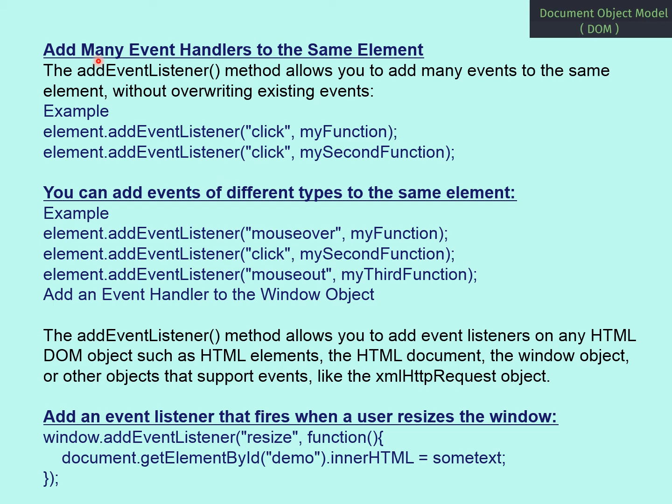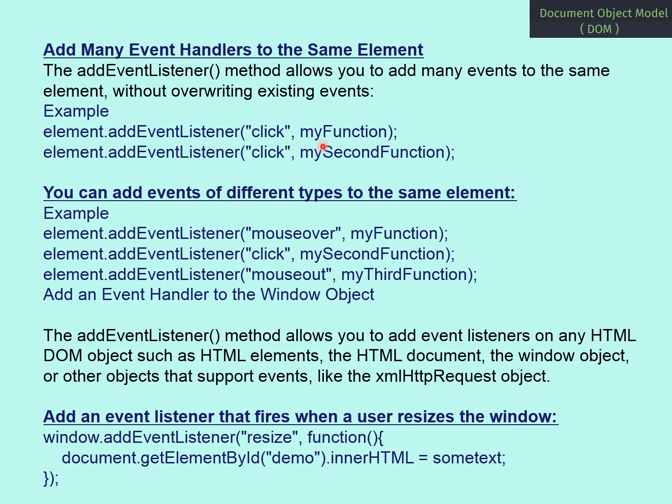Then we can see how we can add many event handlers to the same element. I already told you that we can add multiple event listeners to a single HTML element. For that, here we have an example. The addEventListener method allows you to add many events to the same element without overwriting existing events. Here we can see element dot addEventListener of click, myFunction.